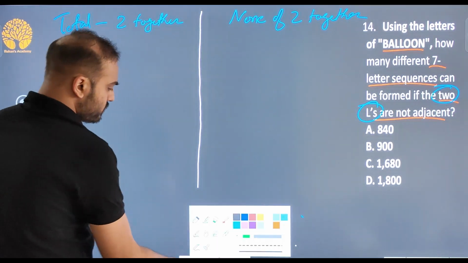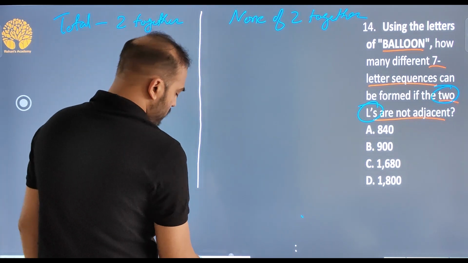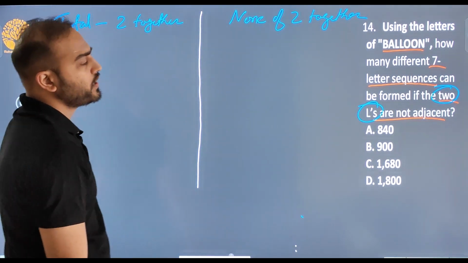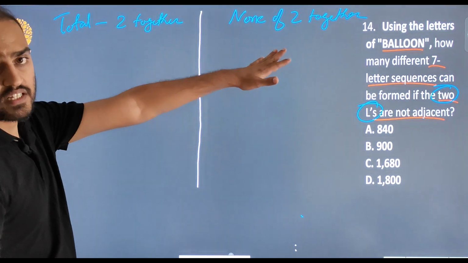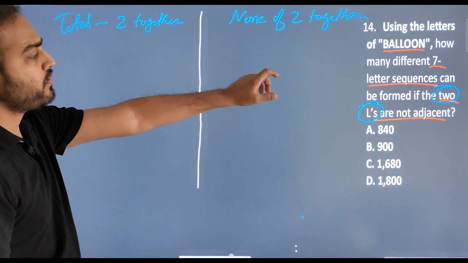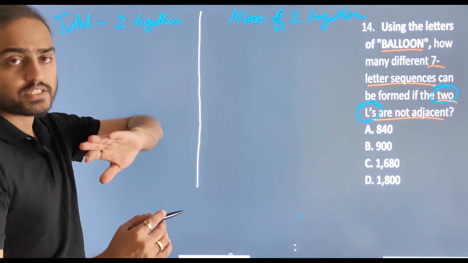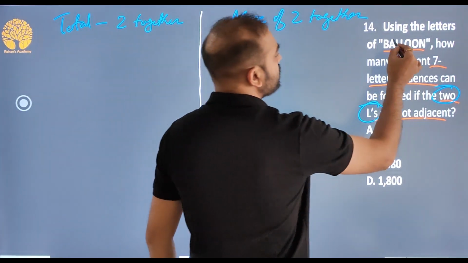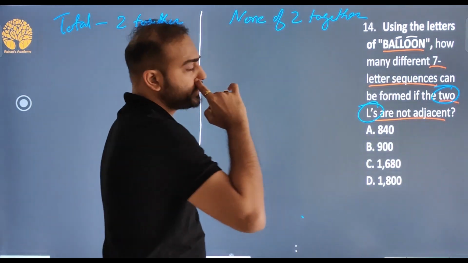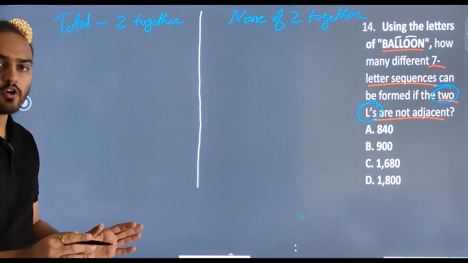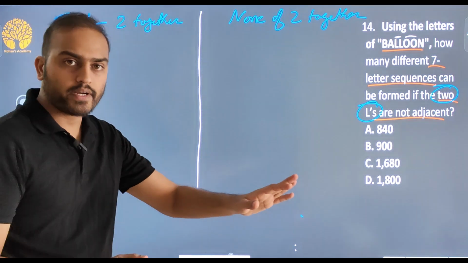Okay, let's see how that works. So we have balloon, which is a 7-letter word. When I'm saying they are not together, it's a redundancy question because you have 2 L's and 2 O's. So solve the question normally by assuming everything to be different.